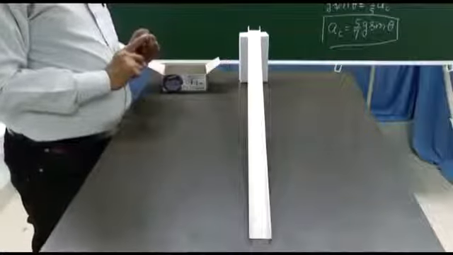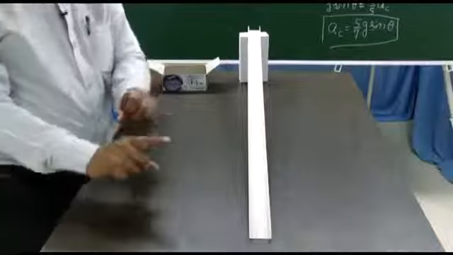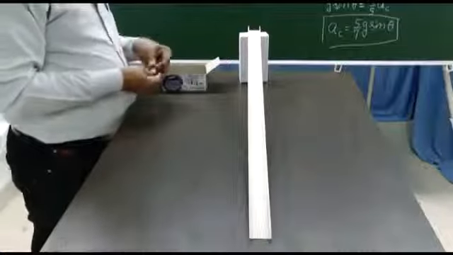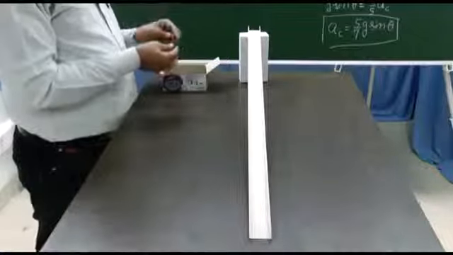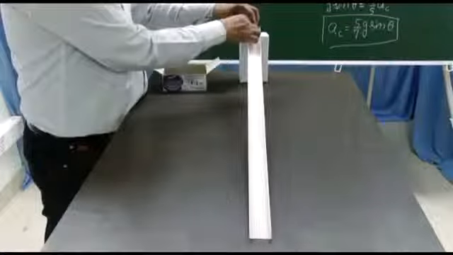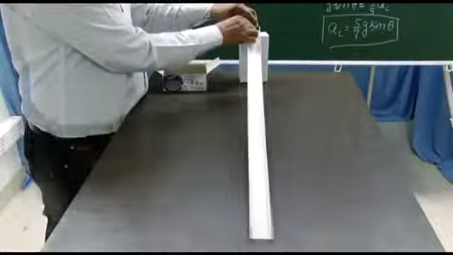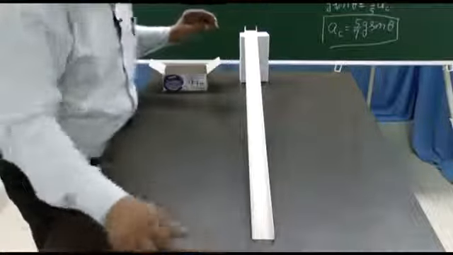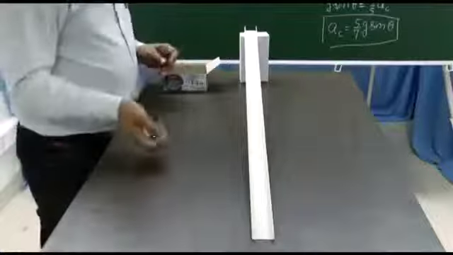So you see, they have gone at the same speed. Have they gone with the same speed really? If I put the ball ahead and the disc at the rear, see what happens. So you can see the separation.